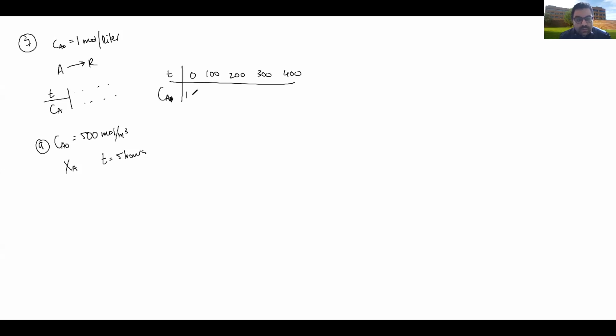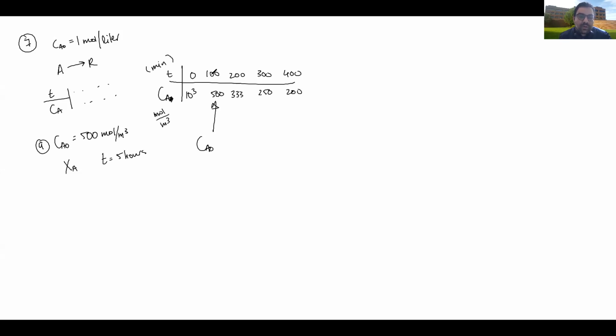CA is 1000, 500, 333, 250, and 200. T is in minutes, and CA is in mole per meter cubed.